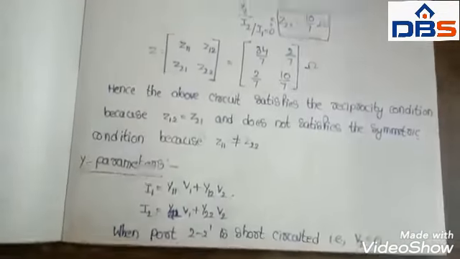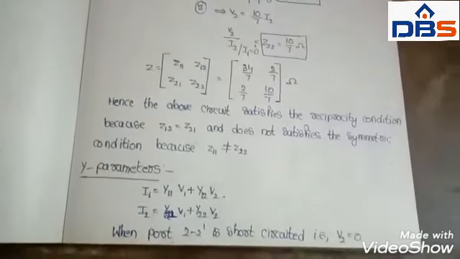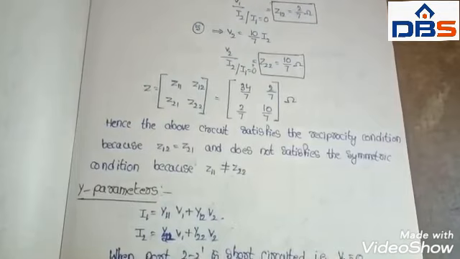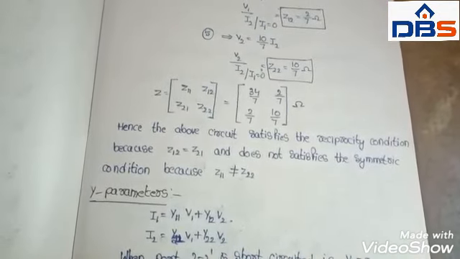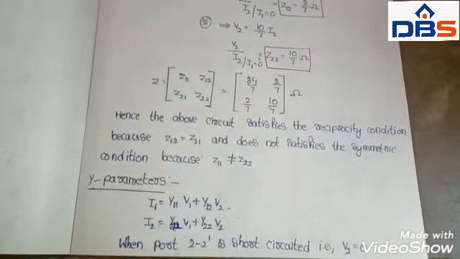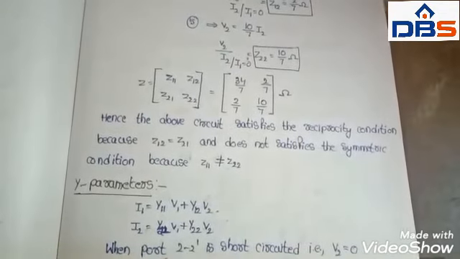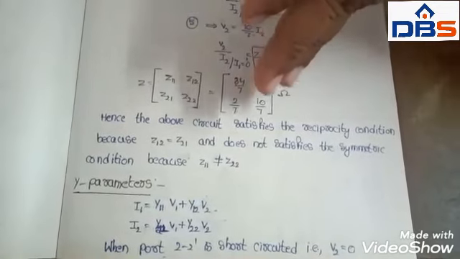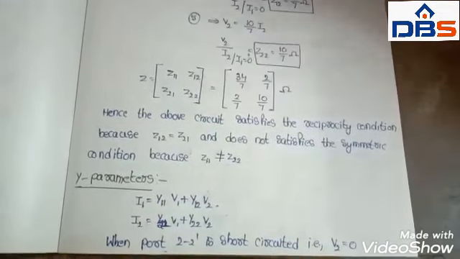Next, using this circuit only, determine the Y parameters. The standard Y parameters are I1 equal to Y11 V1 plus Y12 V2, I2 equal to Y21 V1 plus Y22 V2. To find them, the port voltages are short circuited. Suppose port 2 dash is short circuited, that is V2 equal to 0.